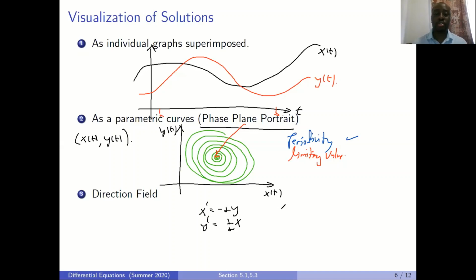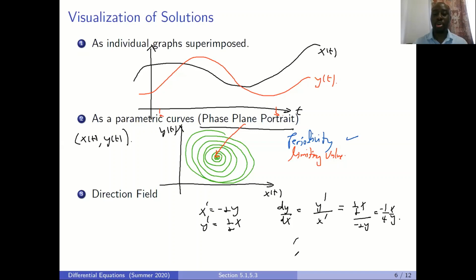And so my slope, which is dy/dx, is the same as y prime over x prime, which is dy/dt divided by dx/dt. So this will be y prime, which is 1/2 x, divided by minus 2y. So you have minus 1/4 x over y.